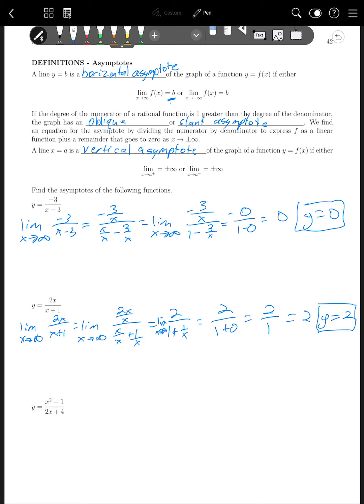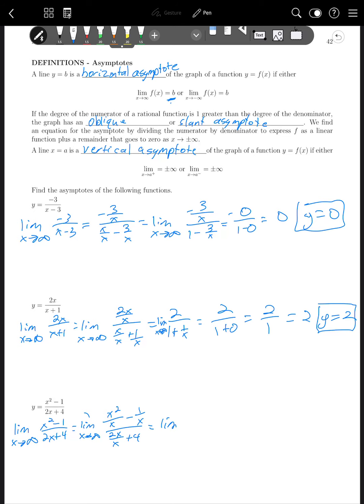Okay. And then with the last one, if I try to do the same thing, divide by the highest power in the denominator, so that's going to be the limit as x goes to infinity of x squared over x minus 1 over x over 2x over x plus 4.